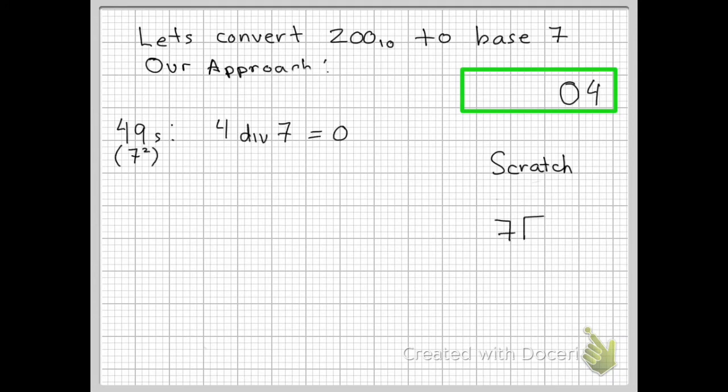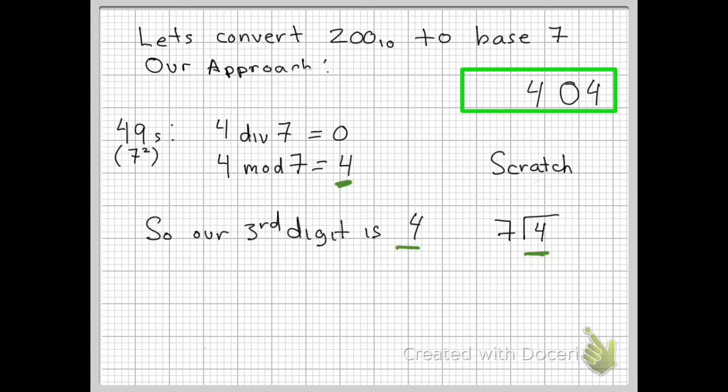So for the 49s, or 7 raised to 2, we say 4 div 7 equals 0. In our scratch, we say 7 goes into 4 0 times, and 4 mod 7 equals 4, because there's 4 left over. It didn't go in at all. So our third digit is 4, and we write that in our box.